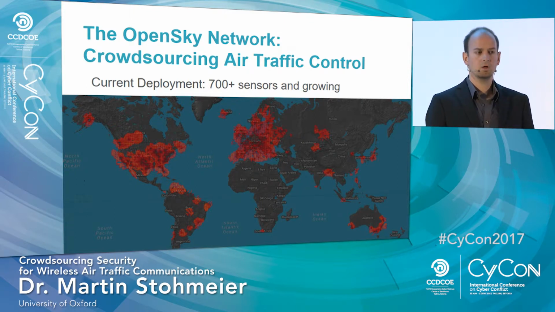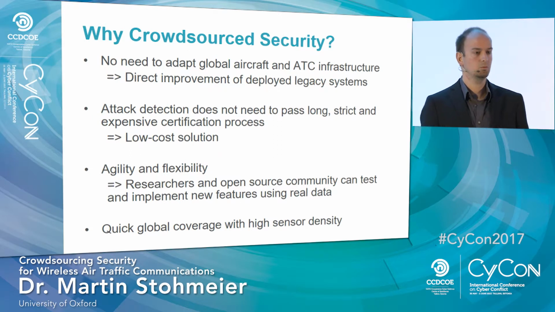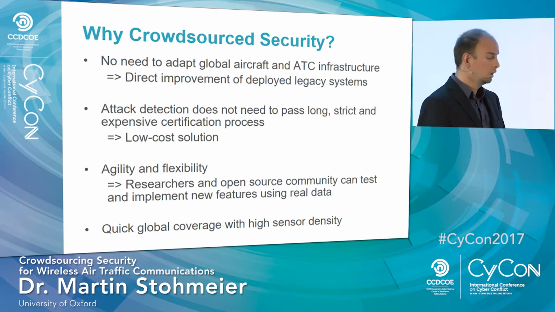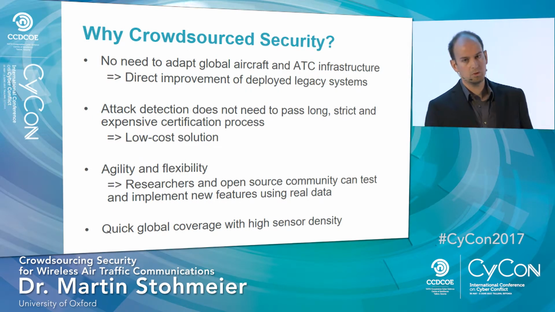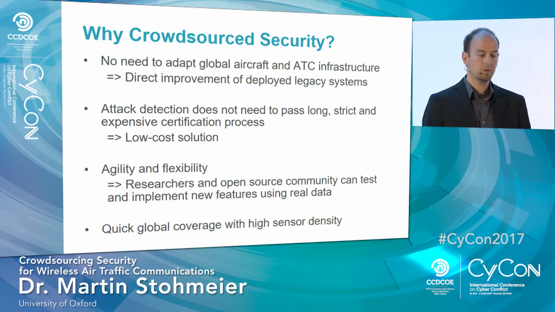At the moment, we're receiving and storing roughly 10 billion messages per day. So it's actually requiring quite a large big data infrastructure. And we believe this can also be used to improve the security of ATC quickly and efficiently. So, some key advantages of crowdsourced security here.